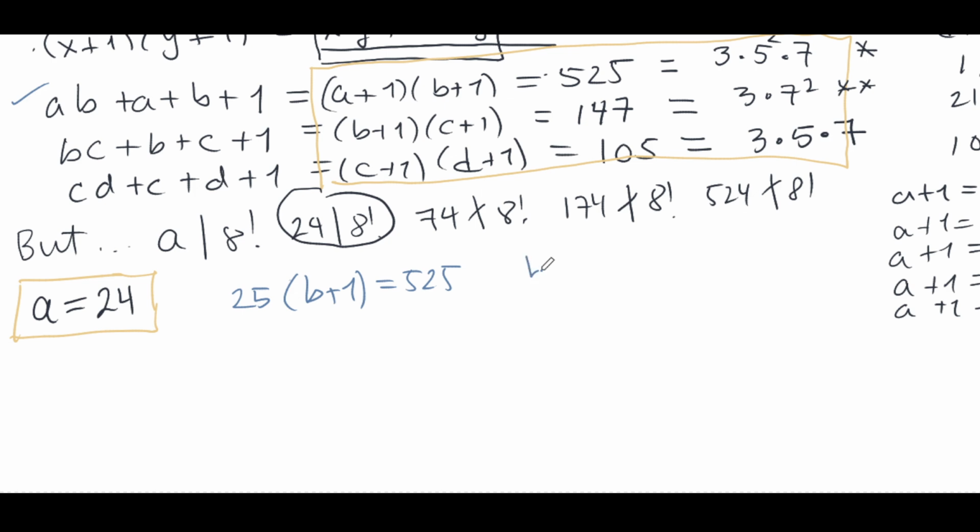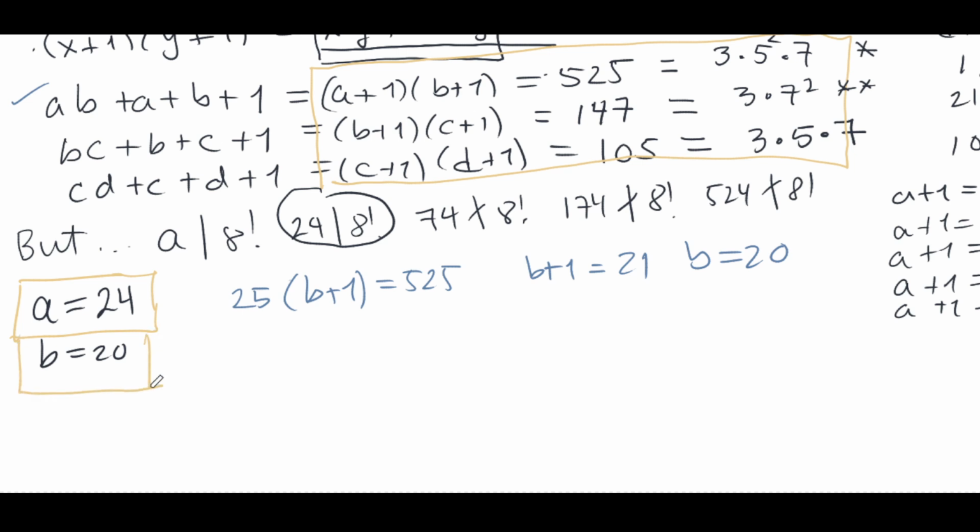So b plus 1 is 525 divided by 25. What's that? 525 divided by 25 is 21. So B is 20. Okay, let's write that neatly over here.